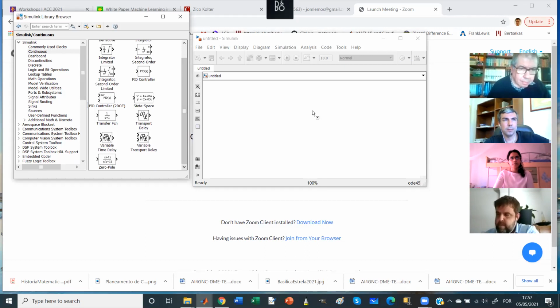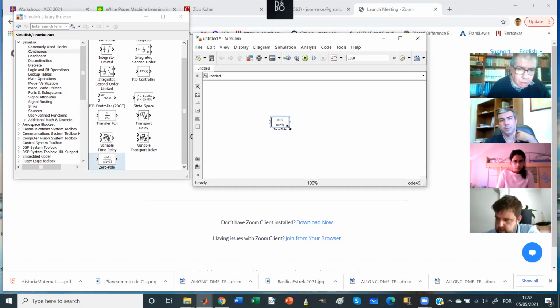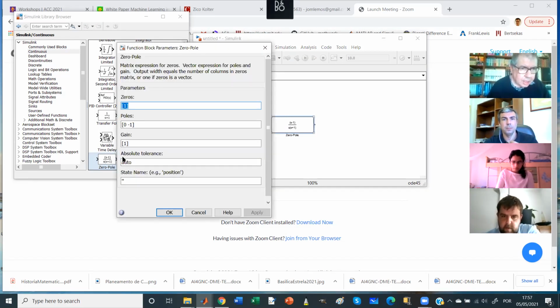Okay, is this one? So, no zeros, so this is void, and I have poles at 1 and -3.